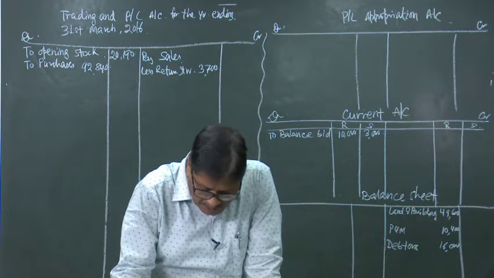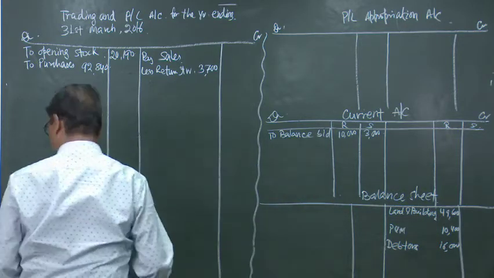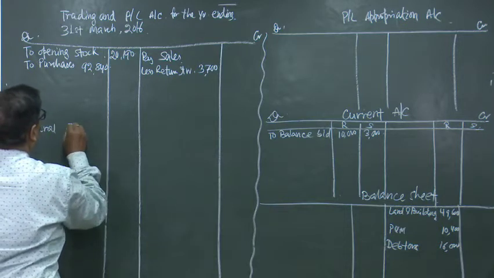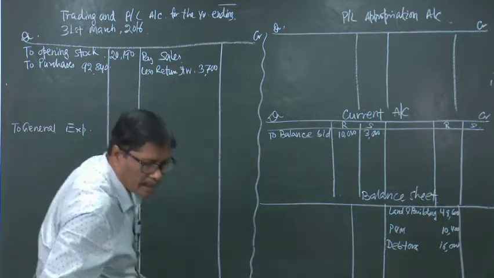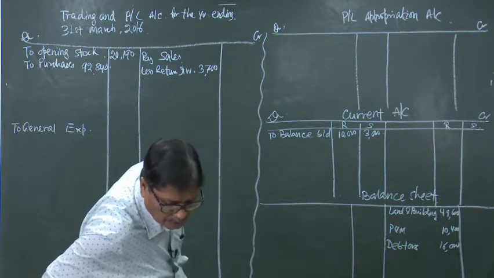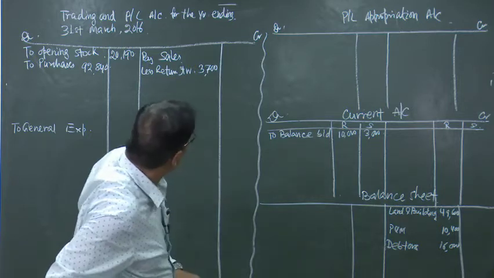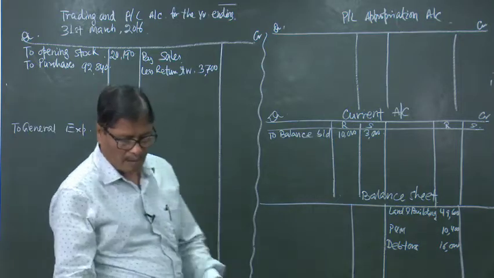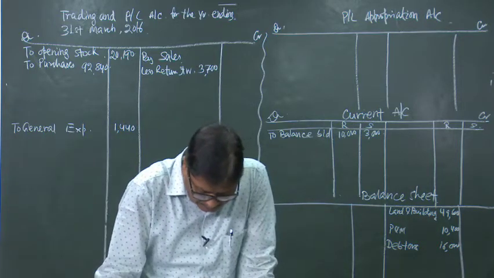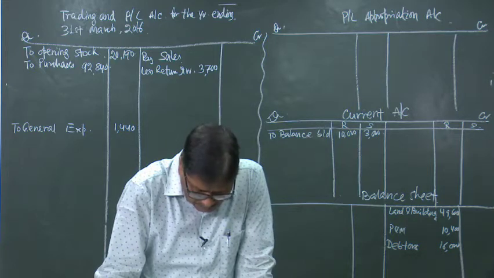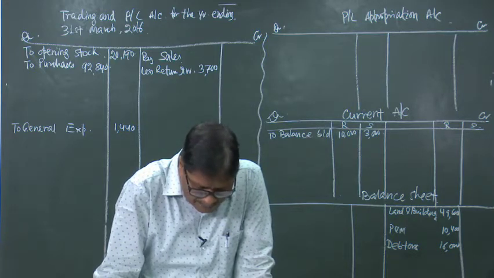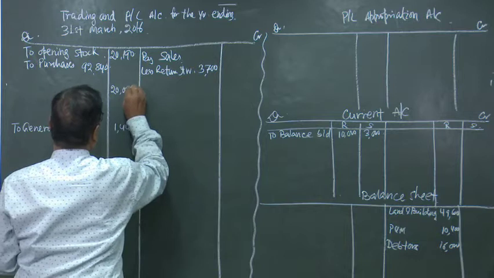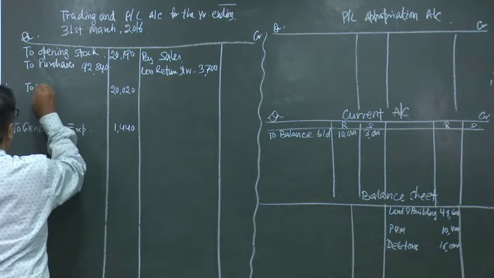General expenses 1440. To general expenses 1440. Then manufacturing wages 20,020, to manufacturing wages.